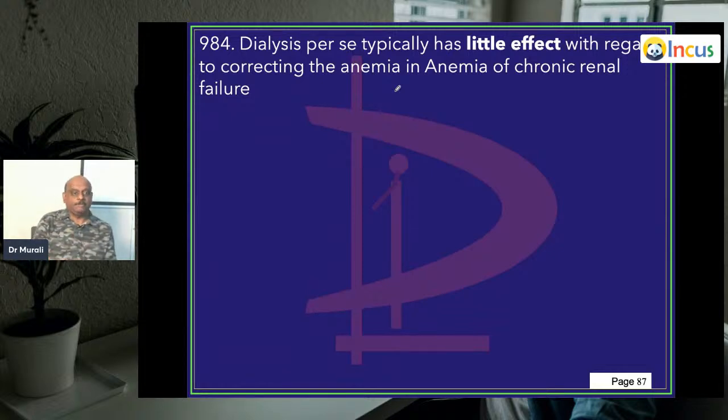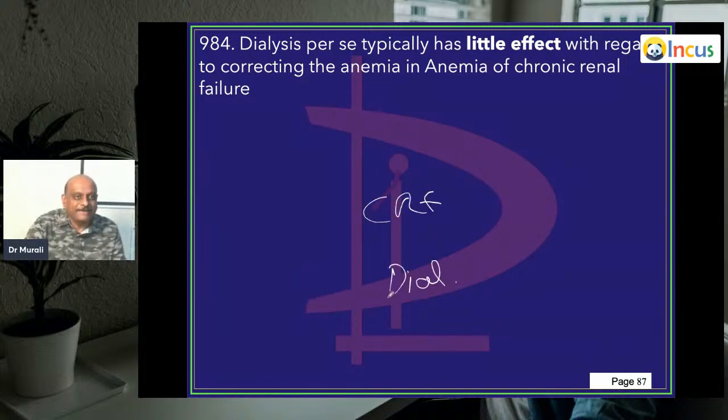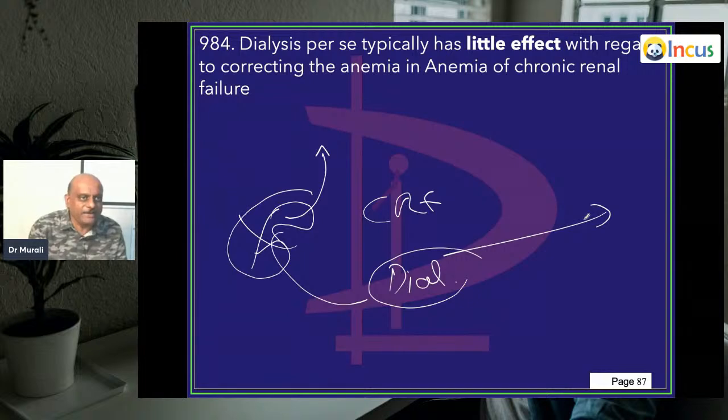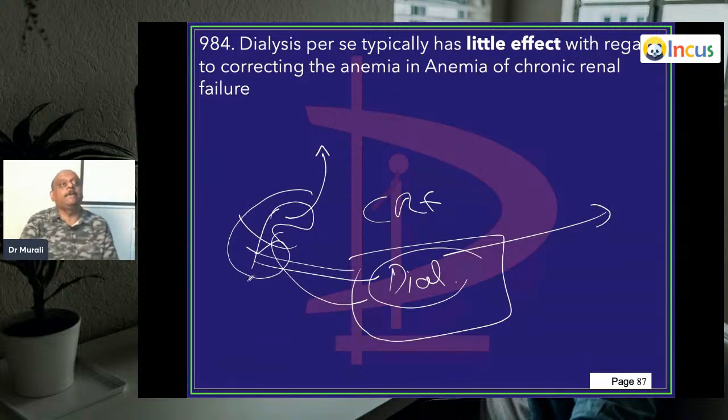That's very important, right? Now, a CRF patient, just because you did dialysis, will it improve the ability of a failed kidney to produce more erythropoietin? No. Dialysis is only draining out your uremia. So that is the reason dialysis does not improve the anemia of CRF. This is another favorite question.